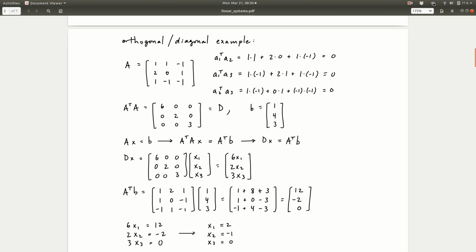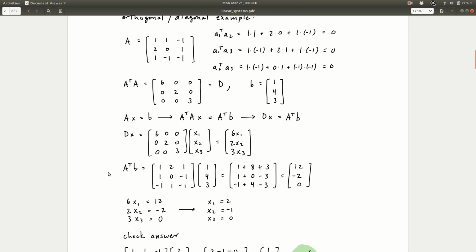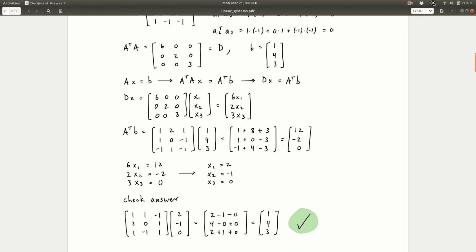It's like our new b, A transpose b, which is this vector here. And our left-hand side falls into the diagonal category. So D times x, D is diagonal. Now it's like we've recast a new problem into diagonal form. Dx equals the new vector over here. And this we know how to solve. We just use the diagonal solving algorithm, which is very simple.